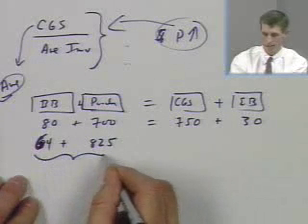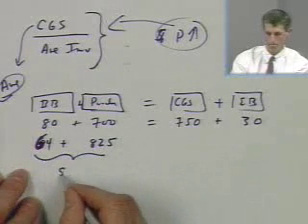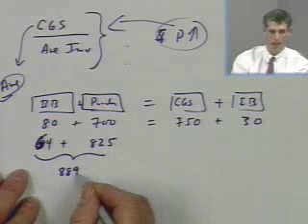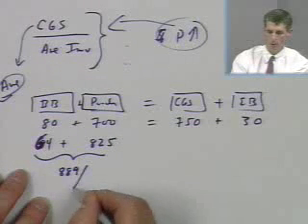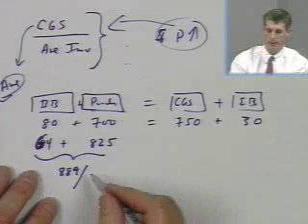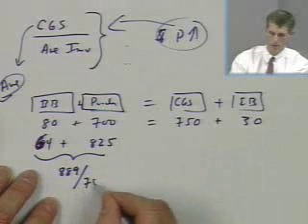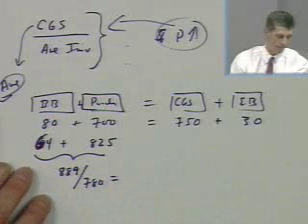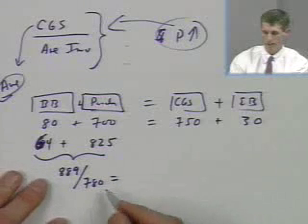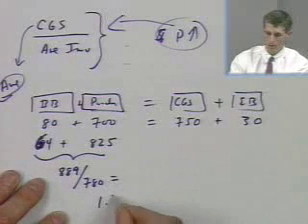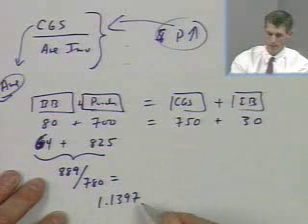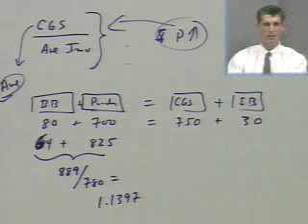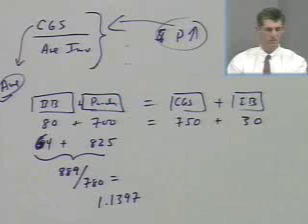We add all that stuff up, we get 889. We divide through by the number of units, which is how many? 780. And that gives us our average cost per unit, which turns out to be 1.1397. Does that make sense? Is there a problem or a question?